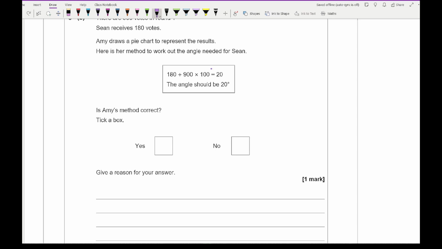But anyway, from this, what you should spot is the fact they're trying to work out the angle, but when you're working out the angle, you need to multiply by 360, not 100. So the answer that we need to tick is no, and the reason for that is because Amy should multiply 180 over 900 by 360, not 100.